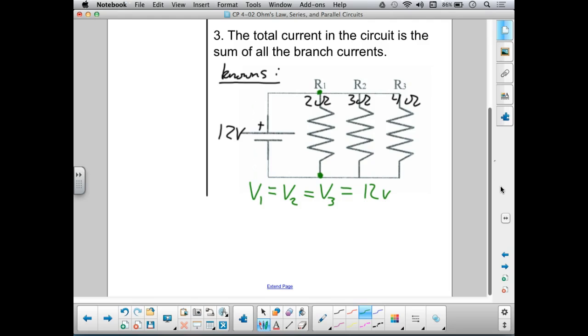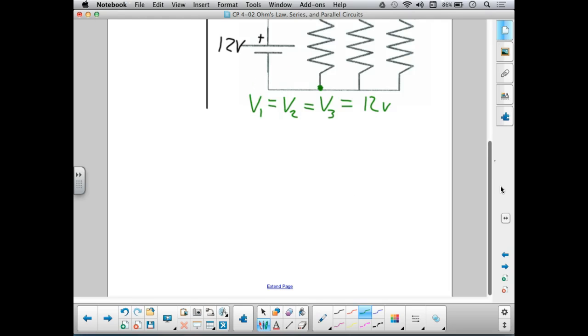So that's a gimme. That's free information that we have for a parallel circuit, which is pretty nice. We never have to solve for voltage in a parallel circuit because we already know what it is.